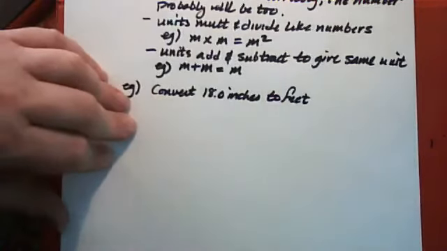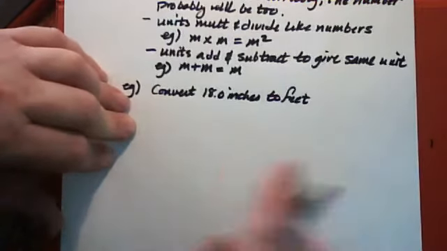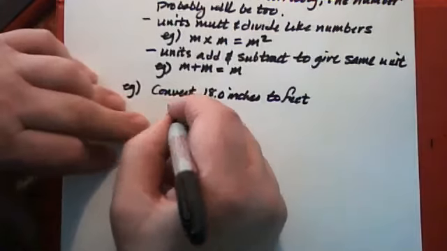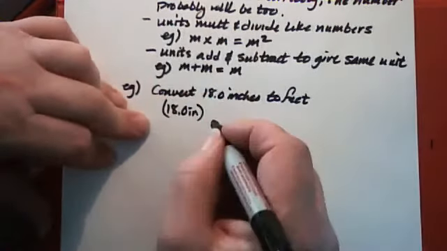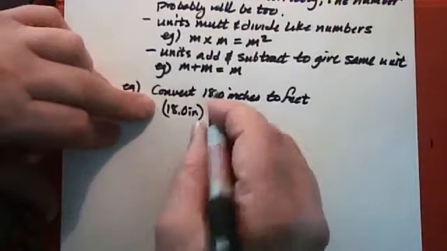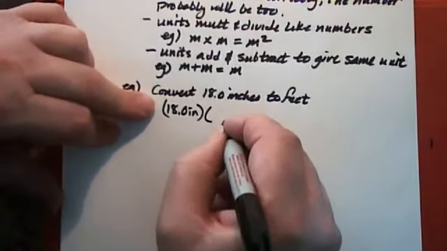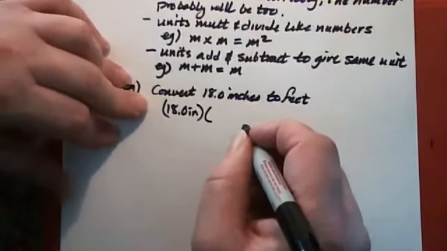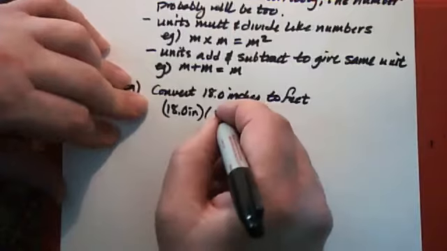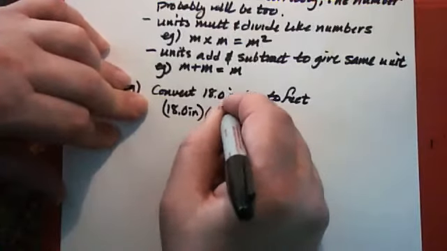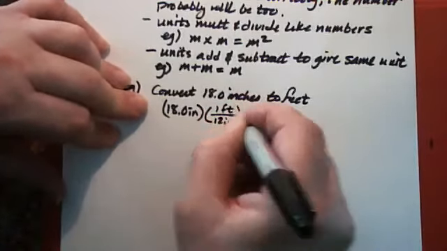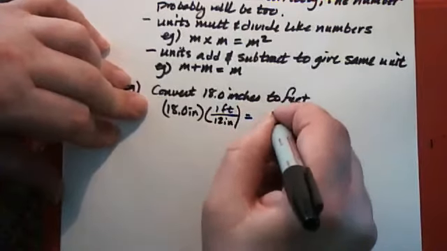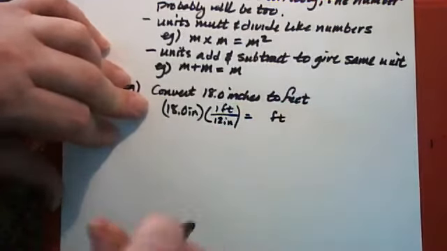But just to see how the principle works, we can take 18 inches, and the way these usually work is that you take the number that you're given, and you multiply it by a conversion factor that's based on some equivalence statement. In this case, we have the fact that there's 1 foot for every 12 inches. And that gives us an answer in feet.